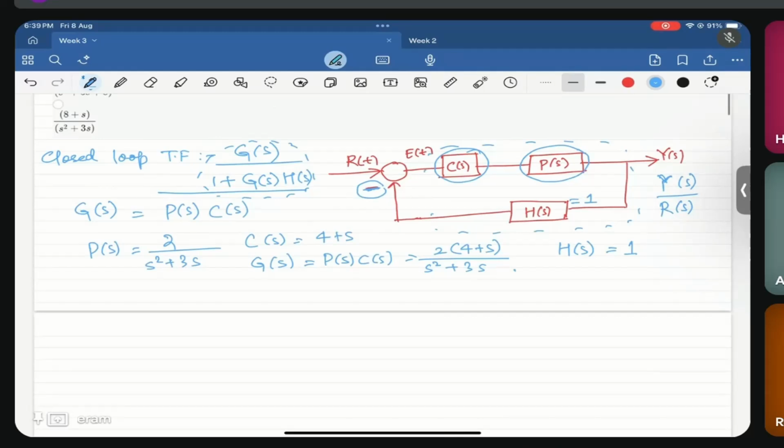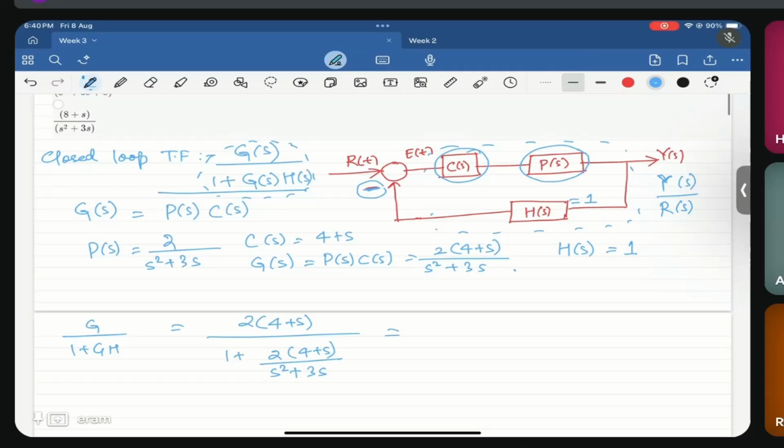We have to find out G by 1 plus GH. So this will be equal to 2 into (4 plus s) divided by 1 plus 2 into (4 plus s) divided by s square plus 3s.